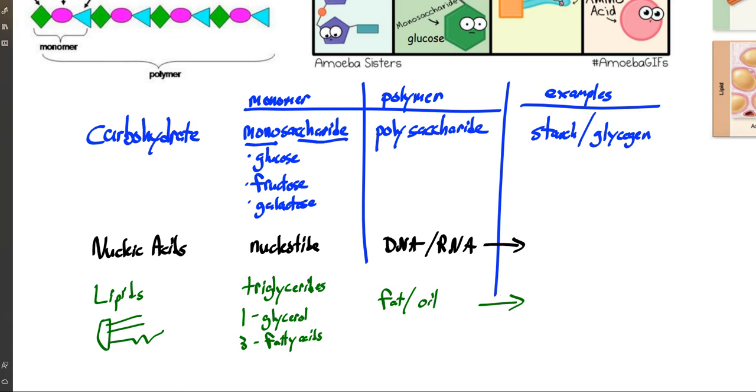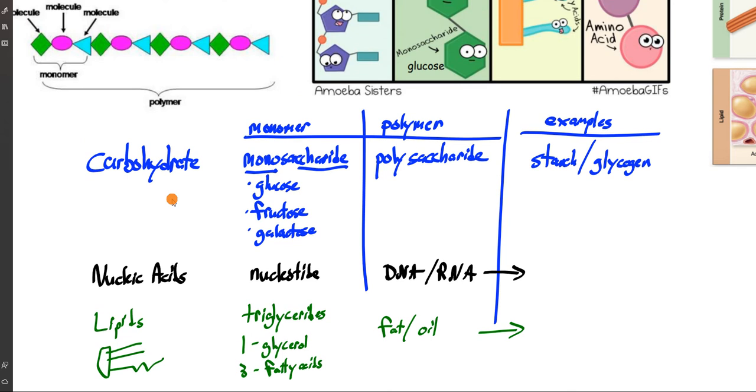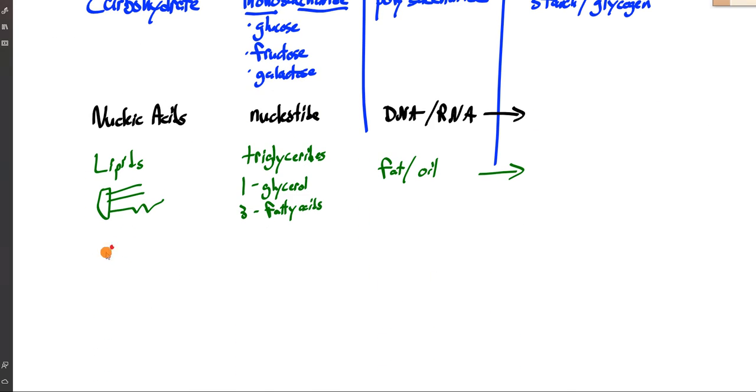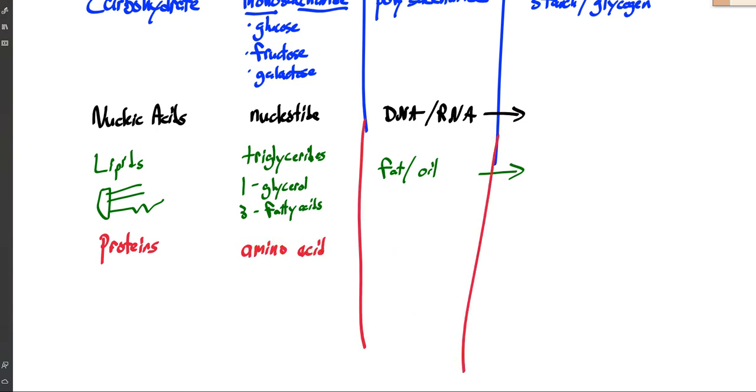And last, we've got our proteins. And the monomer of a protein is something called an amino acid. I'm going to bring these bars down here.